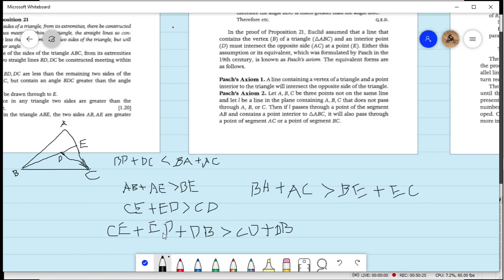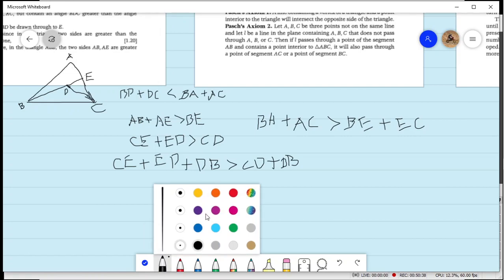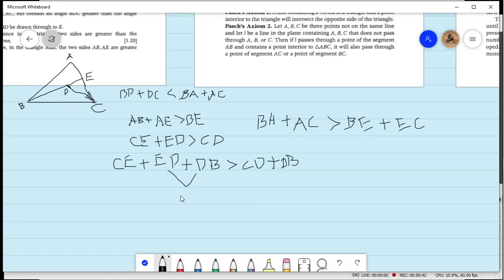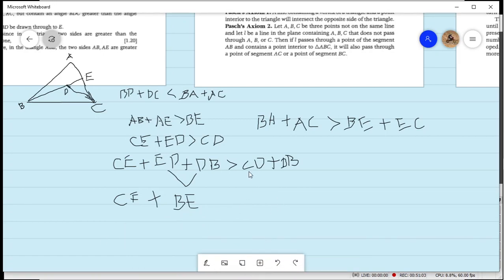Because BD plus DE is just BE. So this is basically just CE plus BE or EB. CD plus BD is greater than BC.